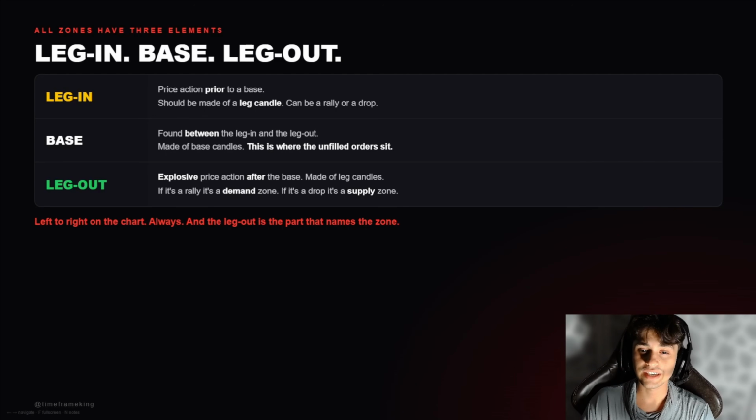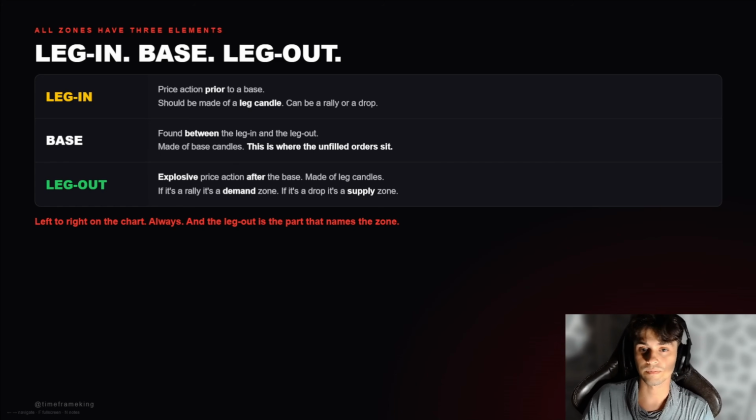The leg in is the price action prior to the base. It can be a rally or a drop, either one. The base sits in between them, okay? Base candles. And this is the most important bit. This is where the unfilled orders sit. The base is the zone. The leg out is the explosive price action after the base.